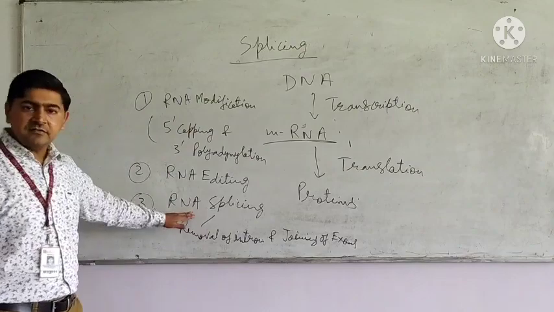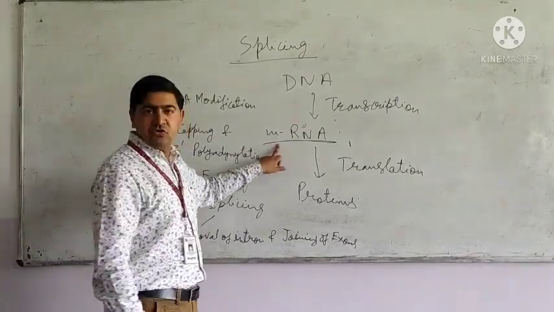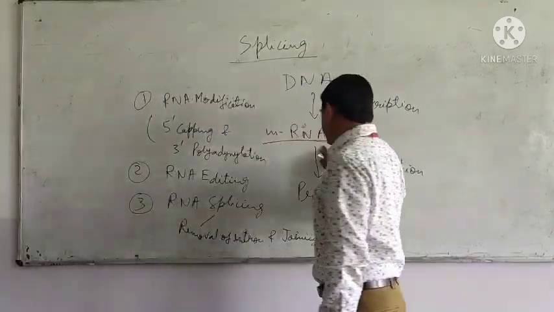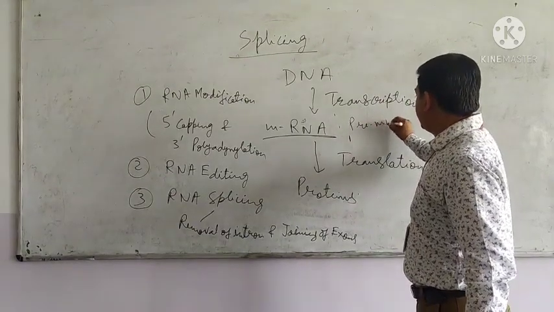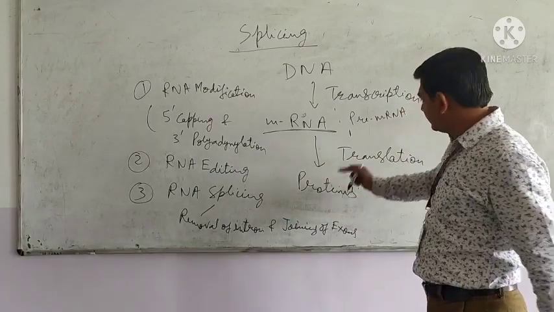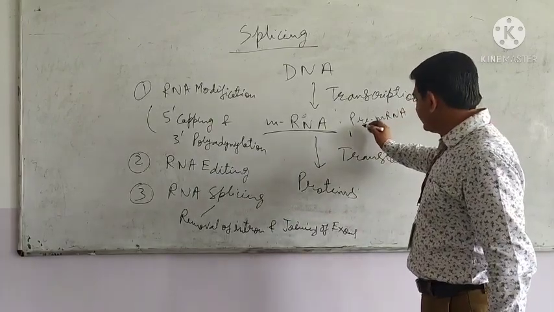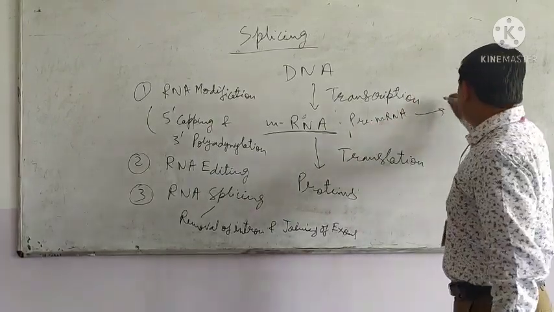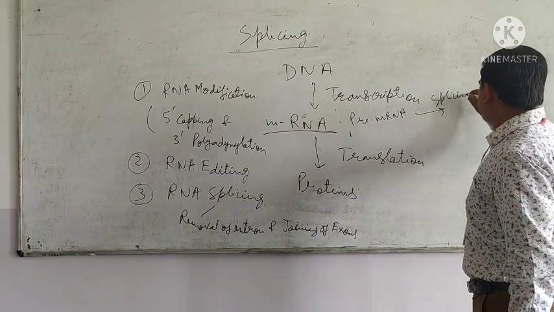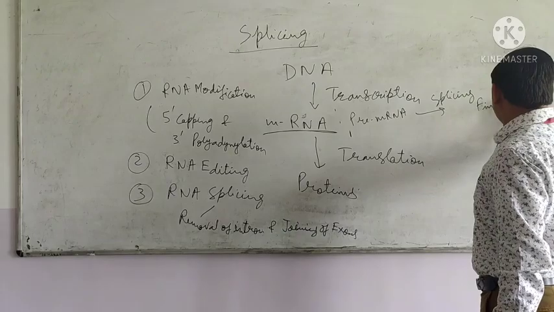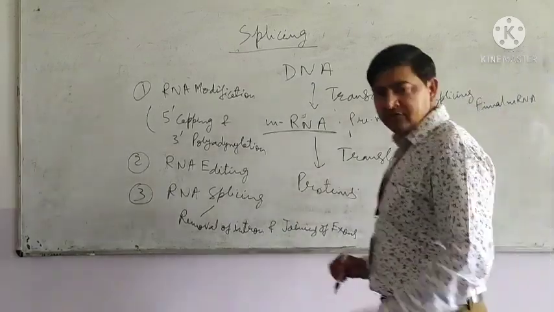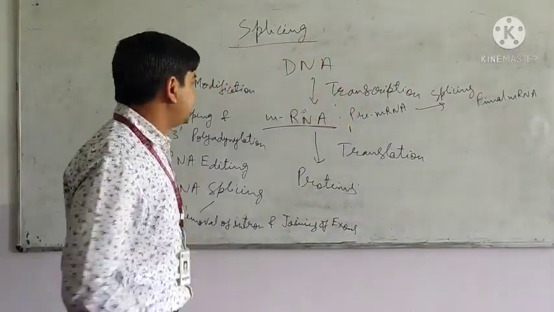In eukaryotes, the mRNA first formed is known as pre-mRNA. Then splicing occurs, and then the final mRNA is formed. So we will discuss splicing.